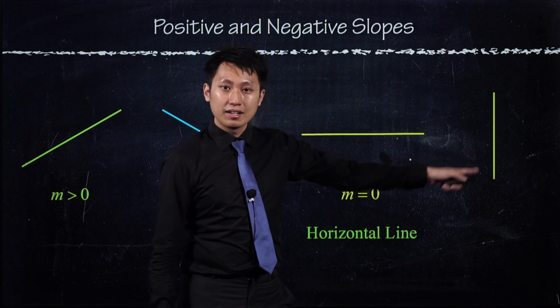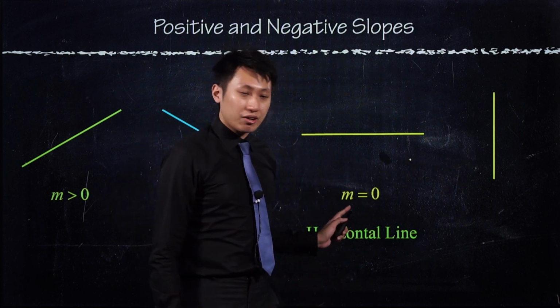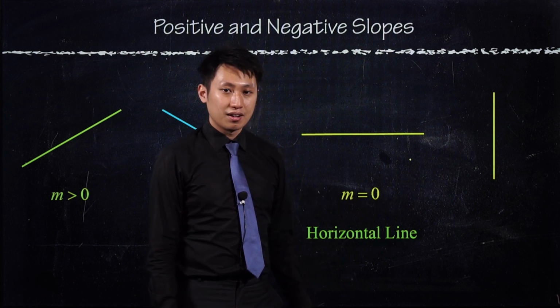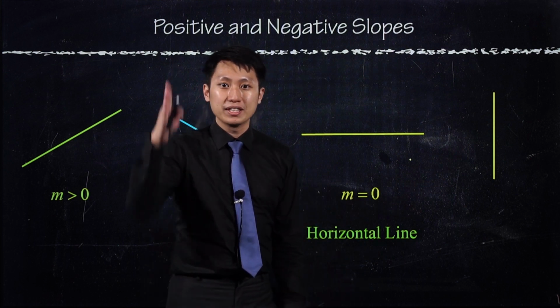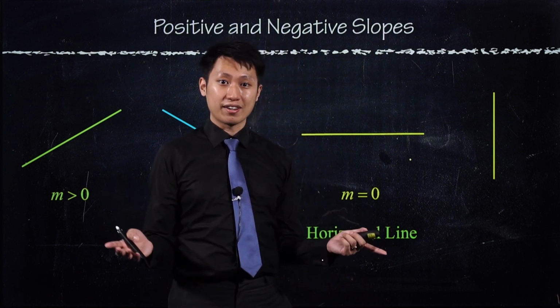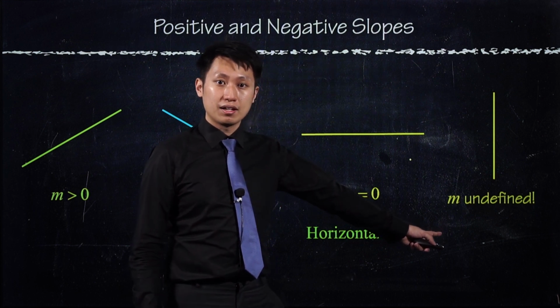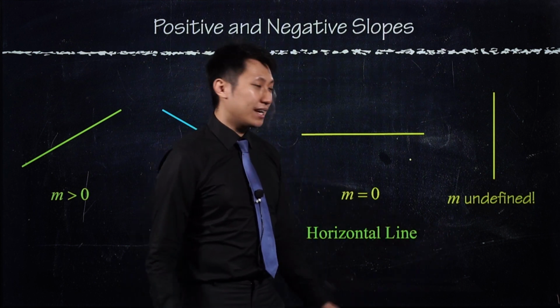Then what do you have for a vertical line? The other one should be what? It's undefined because it's vertical. So you don't talk about the slope; there's no gradient for it. So this m is undefined. A lot of you would say infinity.